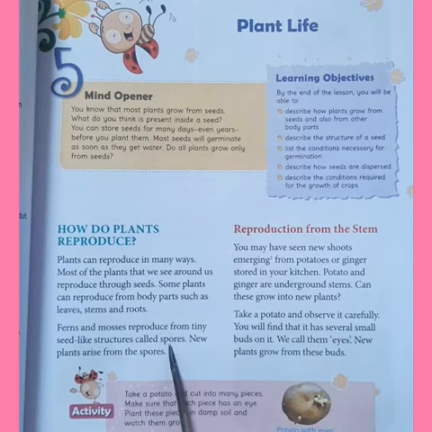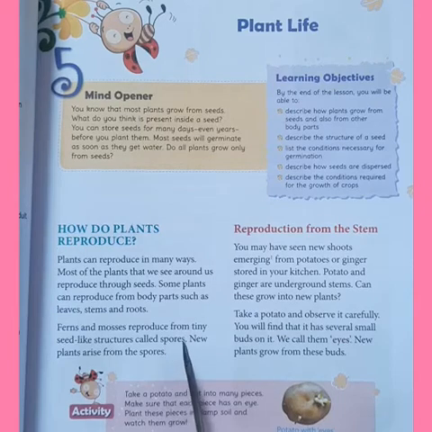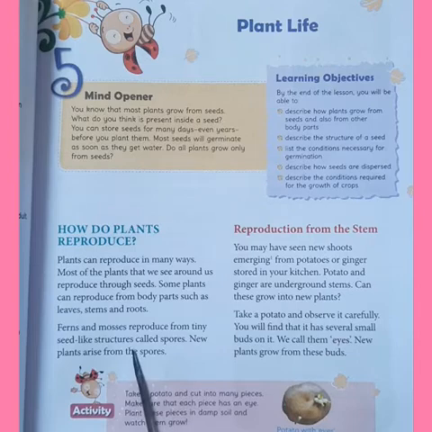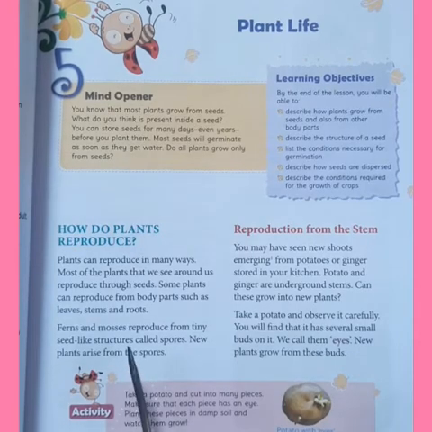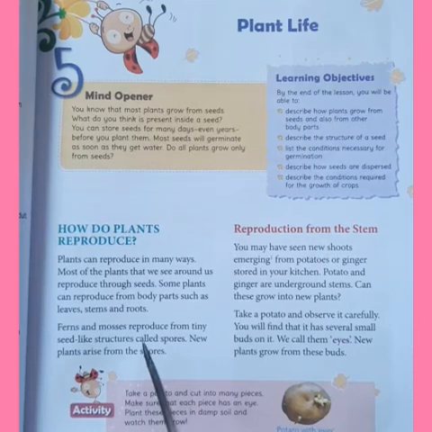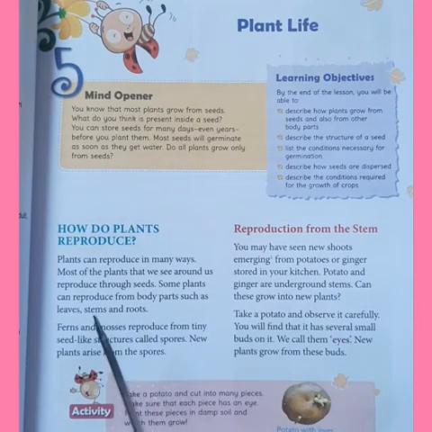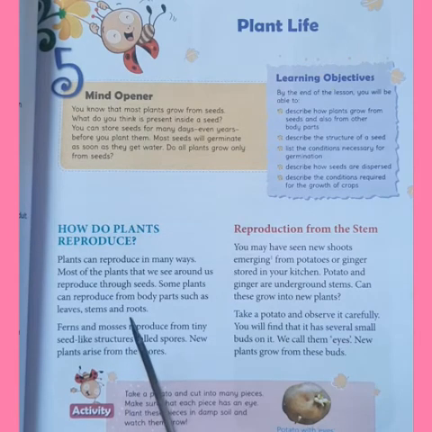They are smaller than the seeds, so they are known as spores. New plants arise from the spores. Now, in detail, we shall study one by one where the plant reproduces from the stem, the leaf, or the root.